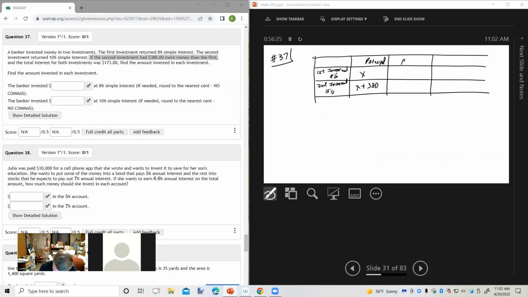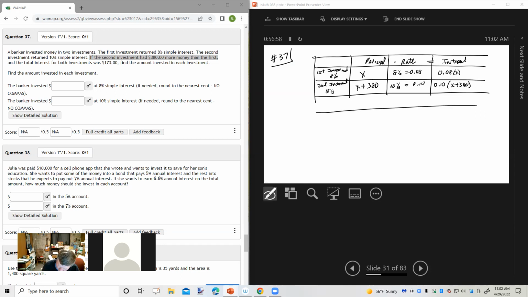Okay, and then what do we got? We've got the interest rate, which is 8%, which is 0.08. And this is 10%, which is 0.10. And we've got the interest. So for the first one, it would be 0.08 times X. The second one would be 0.10 times X plus 380.